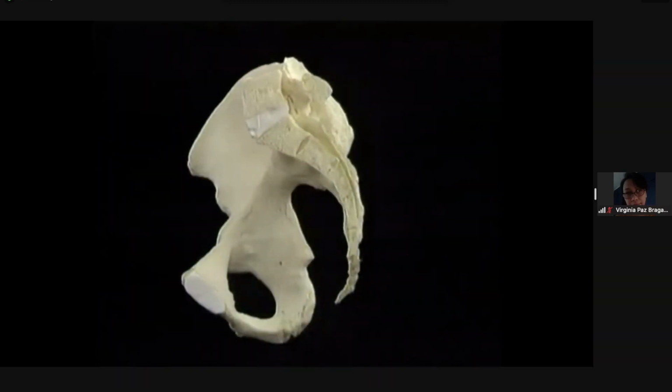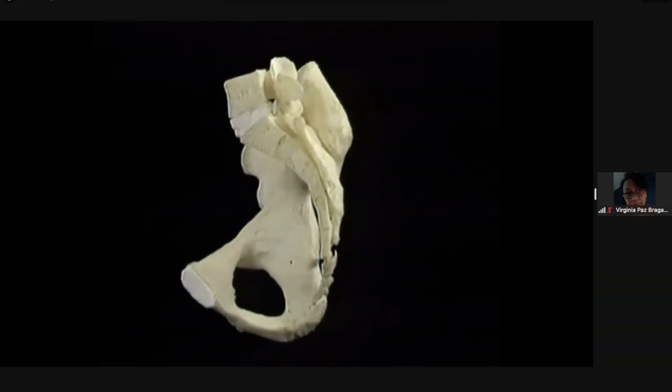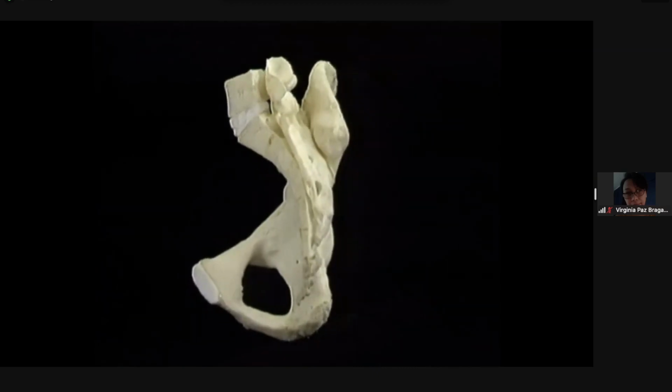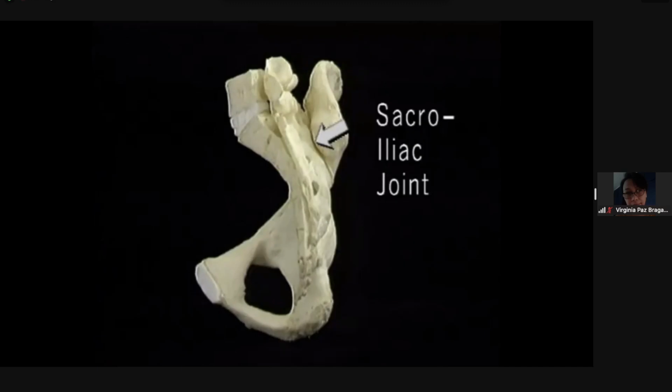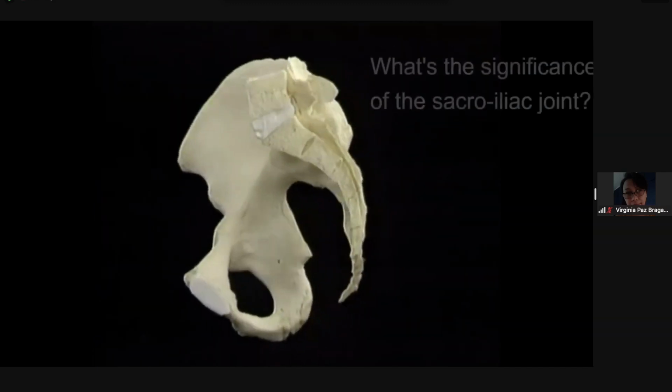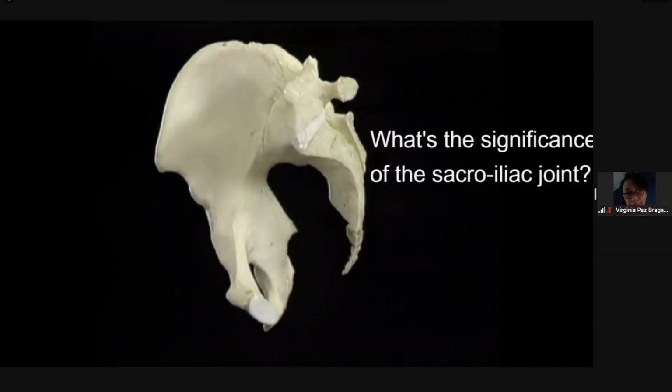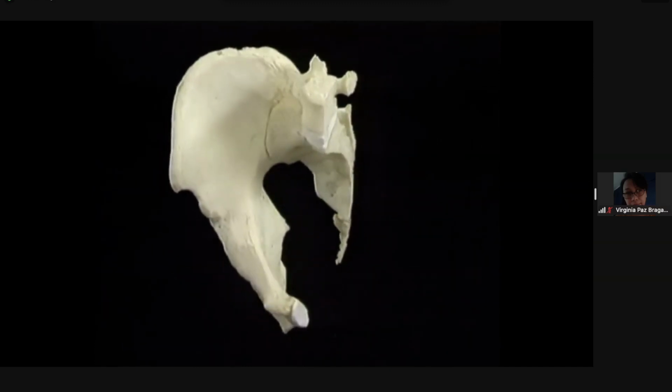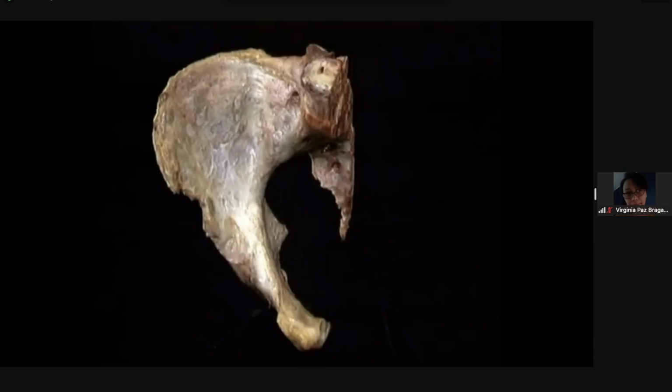Now that we've looked at the dry bones, we'll look at some major ligaments which are important in holding the sacrum and the hip bones together. The weight of the body is transmitted from the vertebral column to the hip bone at the sacroiliac joint. The sacroiliac joint is strengthened behind and in front by ligaments.